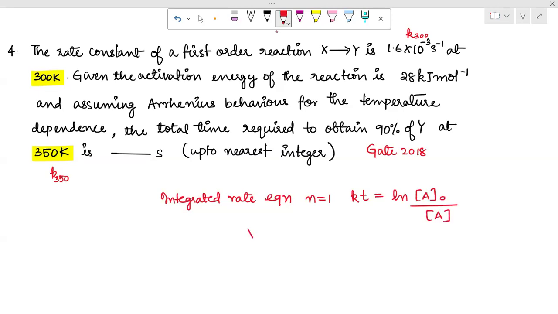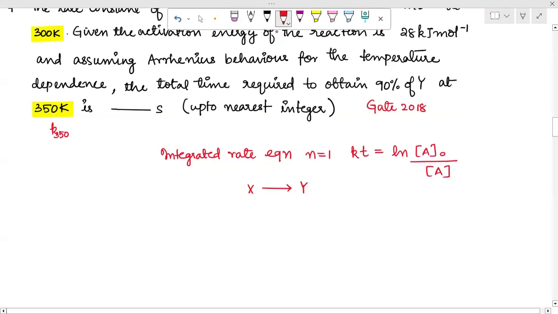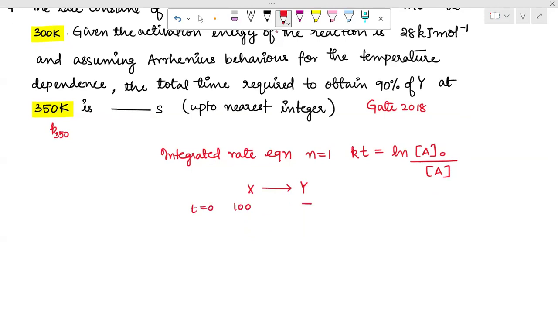Now the reaction that is given to you is X giving Y. And they are asking that you need 90% of the Y to be formed. What does that mean? Let's say that this is 100 initially and no Y is formed. Okay, they are asking the time at which the amount of Y formed is 90.